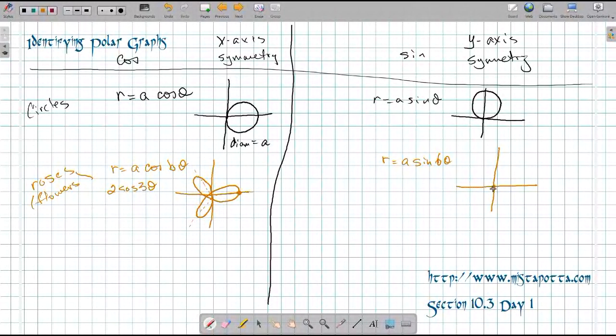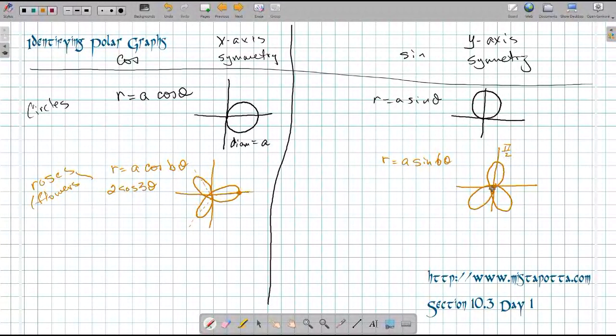For sine, I'm going to be starting at the origin, but I'm going to see this tracing here. And so I notice my line of symmetry here, this y-axis, my line of symmetry at pi over 2.